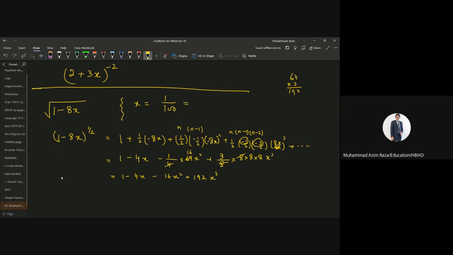So 1 over 100 is basically 0.01. Let's put it in here: 1 minus 4 into 0.01 minus 16 into 0.01 squared plus 192 into 0.01 cubed, right? Now you can just put it into the calculator and you will get the answer.